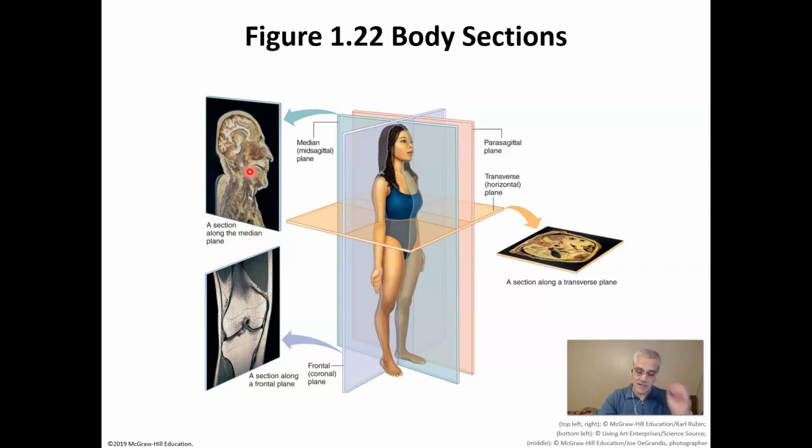The median plane is very special. It means that they have sliced it right down the middle of the body, right in the exact center, as we can define center of the body. And then frontal plane, here's a frontal plane picture of a knee. Because it's going through the frontal plane, you can say, well, here's the front of the knee, and then the other side would be the back of the knee.